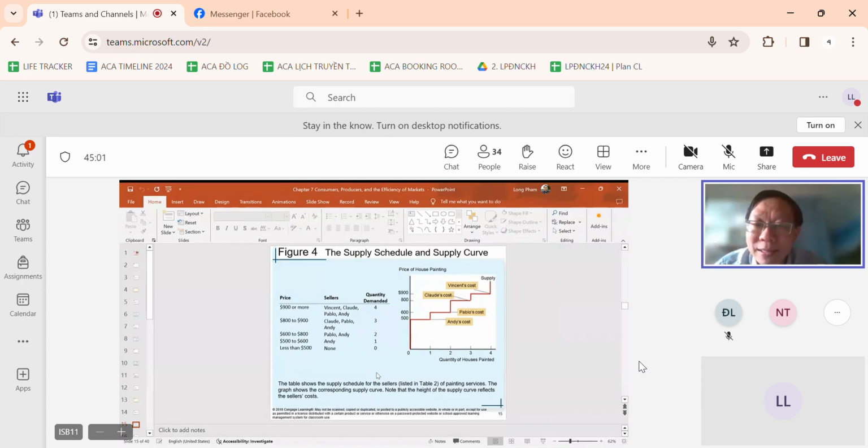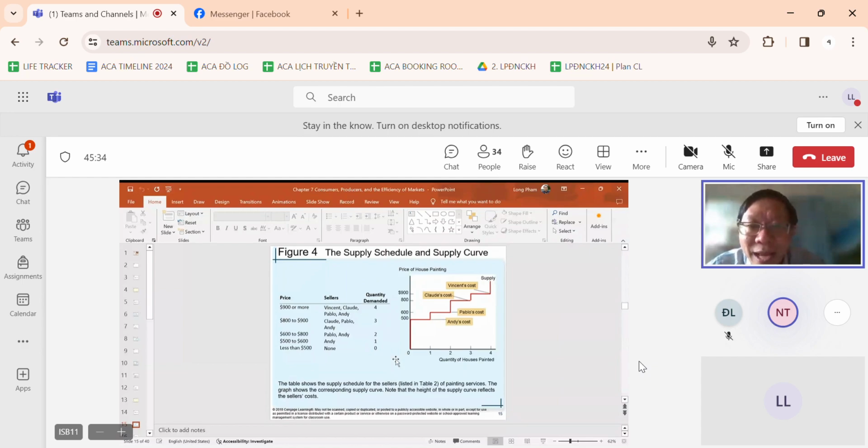So in this case, the graph shows the corresponding supply curve. You can see here, it is a stepwise supply curve. It depends on the cost of producing. You can see there, the height of the supply curve reflects the sellers' cost.